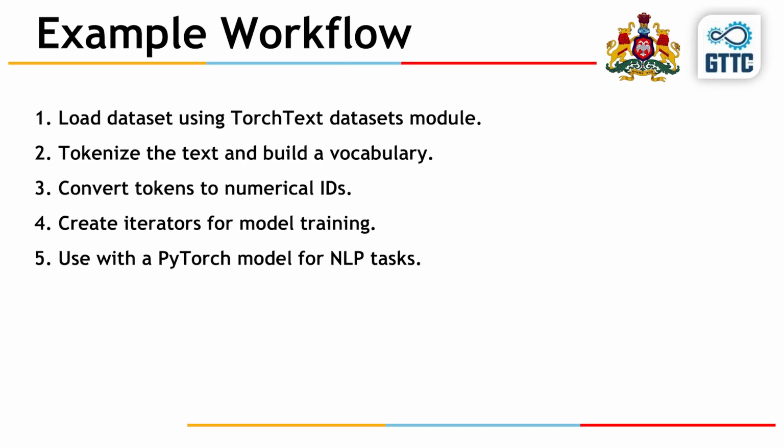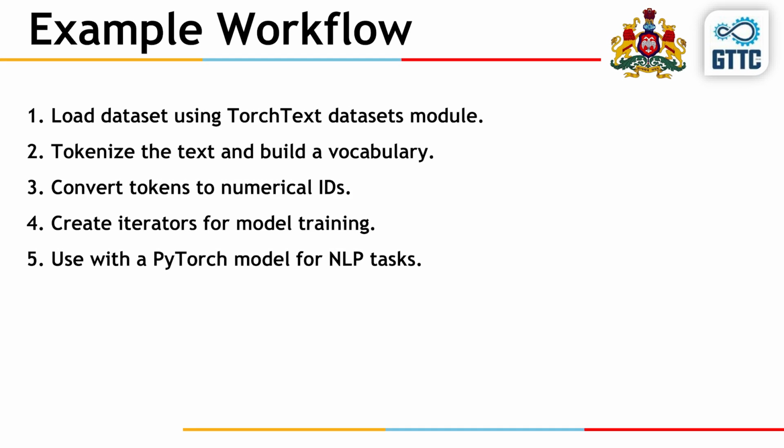First, it will load the dataset using the torchtext datasets module. The datasets module has a lot of data, and from there it will take the data, tokenize the data, and build the vocabulary. Once the vocabulary is built, it is converted into numerical IDs.